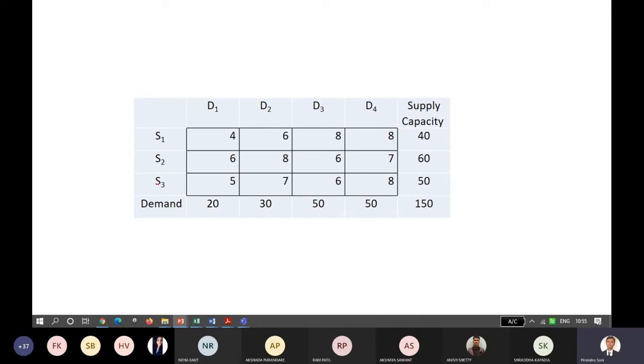Now, from these locations, if I have to supply it to this demand center, it will cost me say 4,000 rupees per ton of material movement. Okay, the supply capacity of this center is 40 tons, and the demand at this demand center is for 20 tons. Okay, are we clear with the background?